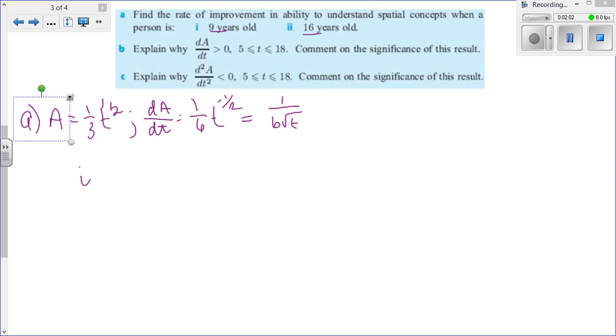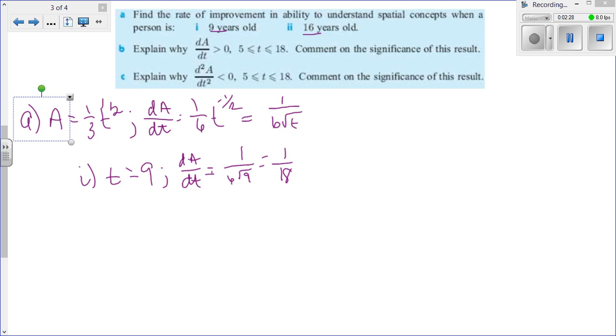So 1, if t is equal to 9, then dA/dt would be equal to 1/6 times the square root of 9, which is 3. 6 times 3 is 18, so it's 1/18.